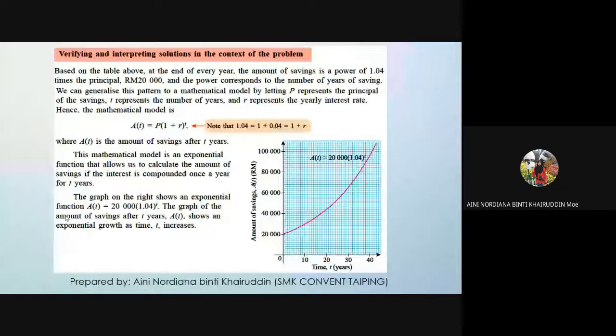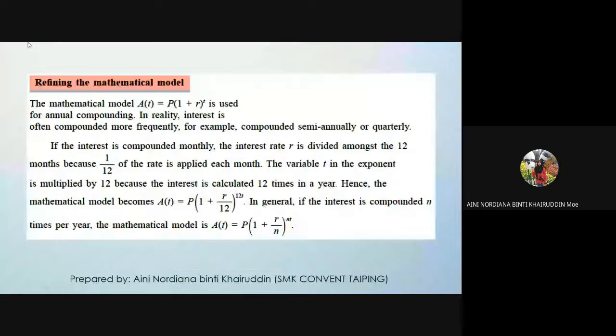The graph of the amount of saving after T years shows an exponential growth as time T increases. So ini adalah graph exponential function. So the mathematical model is used for annual compounding.